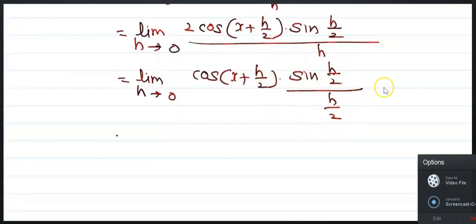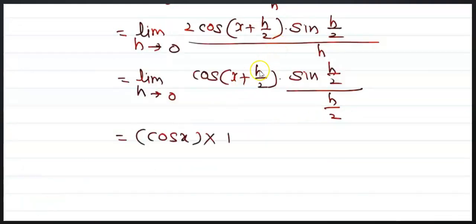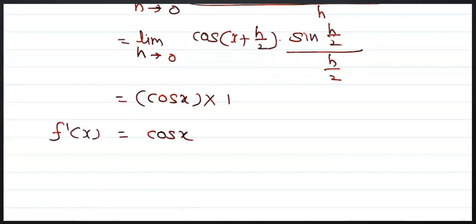Now what is the limit of this? Sin of h upon 2 upon h upon 2 as h tends to 0, the limit of this is 1. Therefore, as h tends to 0, you will get cos of x into 1.